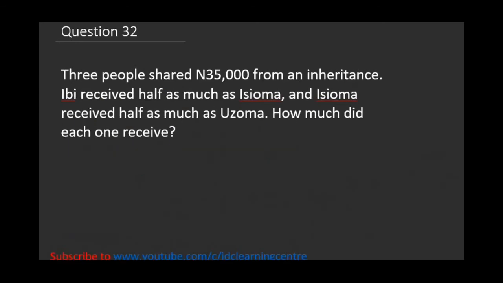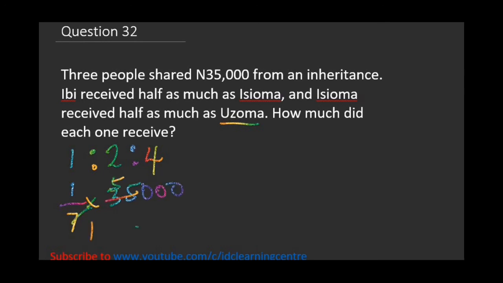Question 32. 3 people shared 35,000 from an inheritance. Ibi received half as much as Isioma, and Isioma received half as much as Uzoma. How much did each one receive? Let the ratio be 1:2:4. So the first person here, which is 1, received 1 out of sum of ratio 7 times 35,000. 7 here 1, 7 here 5 to give me 5,000.